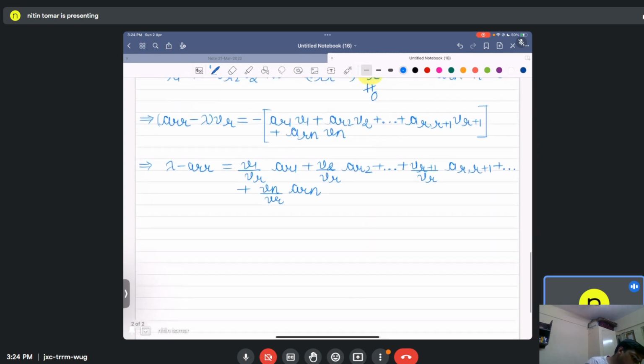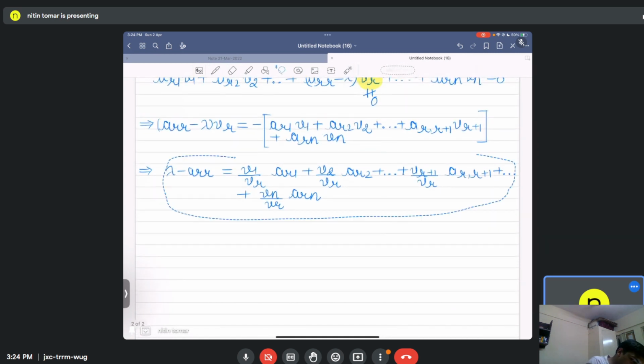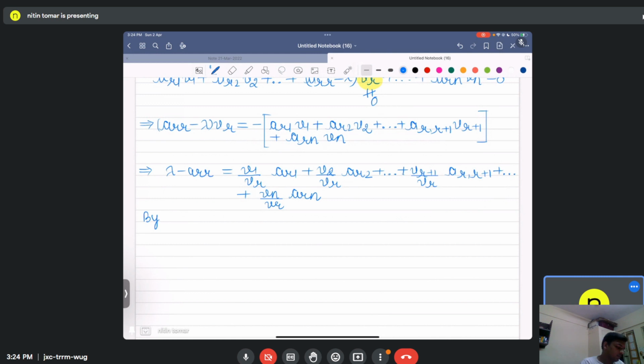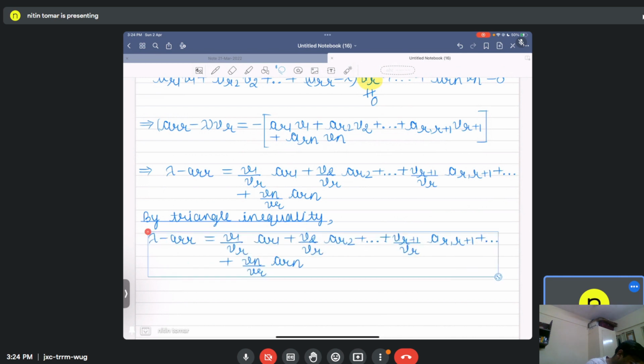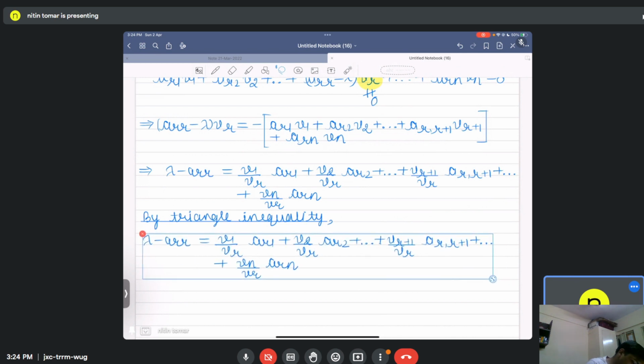Now you can use the triangle inequality, and what will it give you? So you have mod here, then it will be less than or equal to mod of this times mod of this, right?